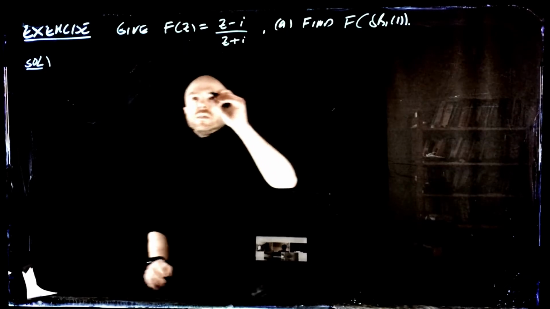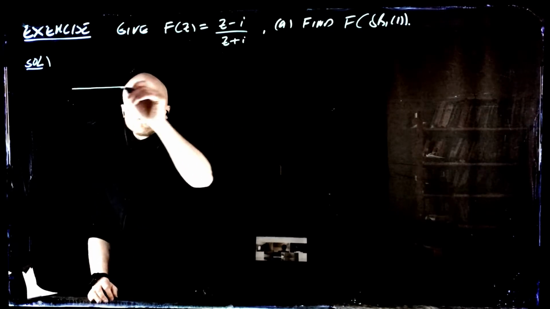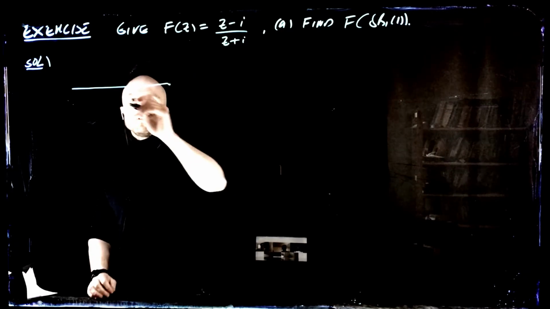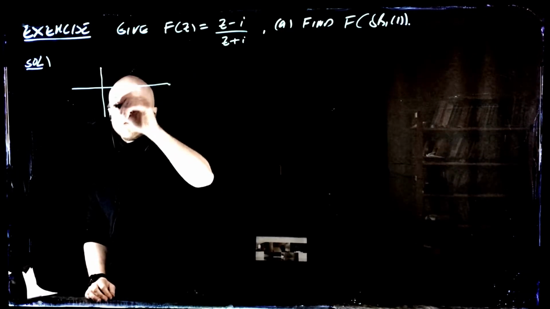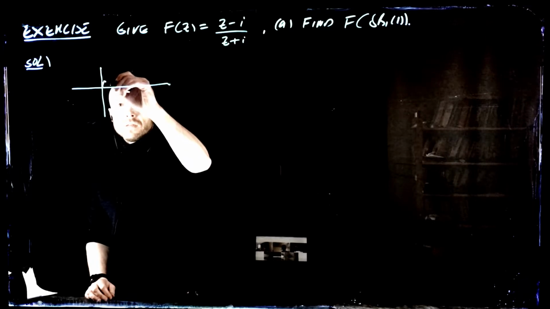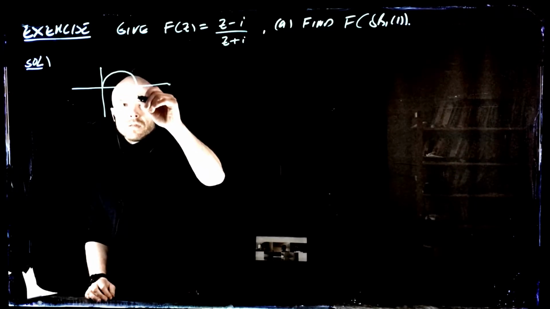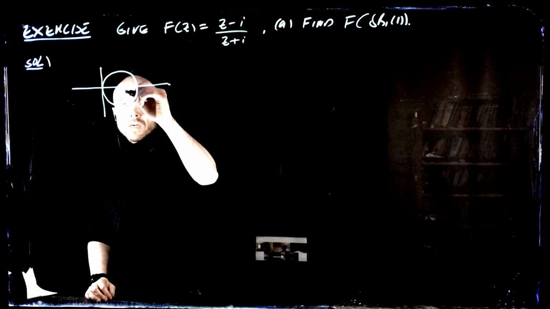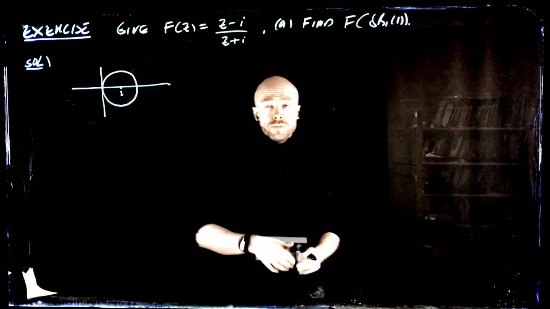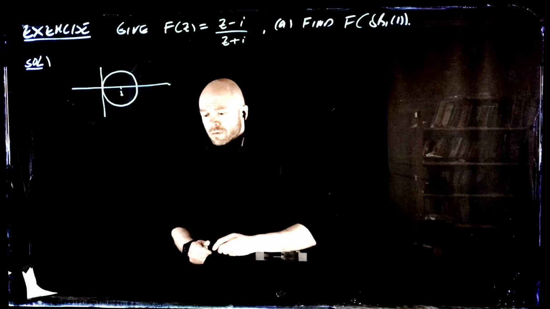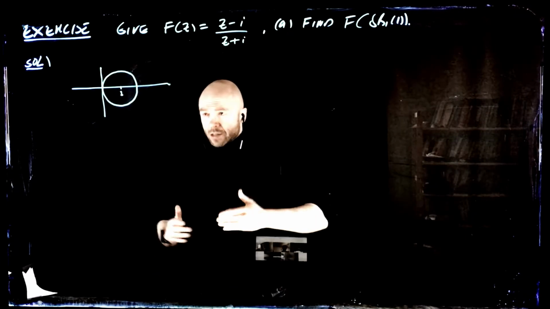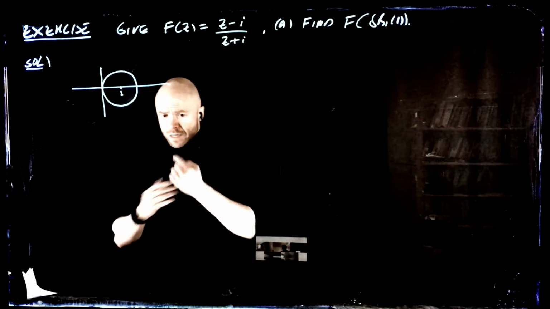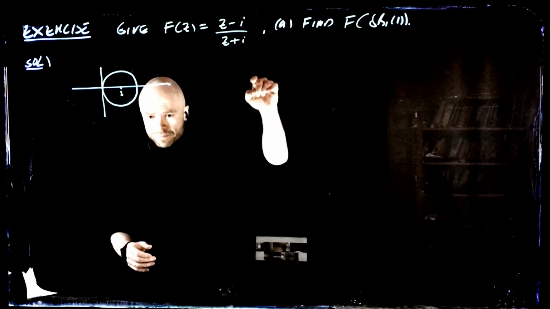How are we going to do this? So let's draw the complex plane over here, and let's draw the thing we're actually going to consider the image of, like this. Okay, and we have several things to help us figure out these images. The first thing is that this thing preserves angles.